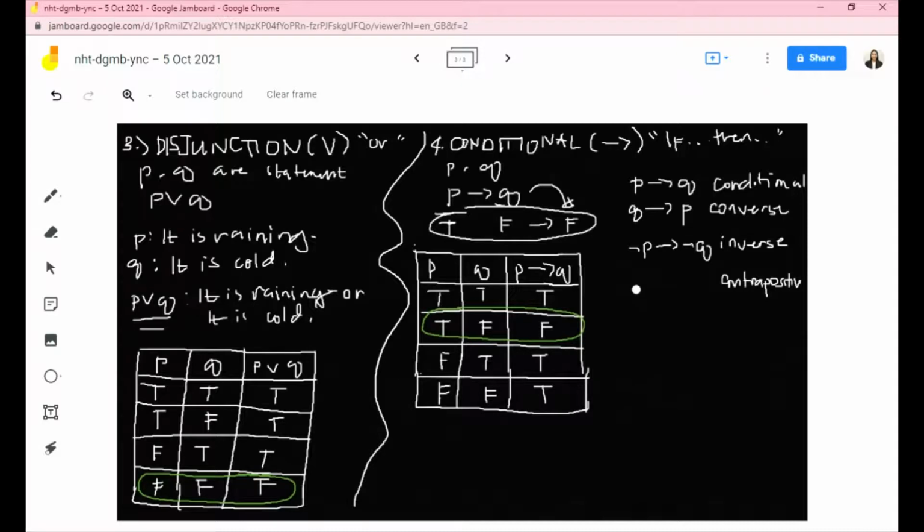So from Q, this will become not Q. Copy the implication form or the conditional form, and from P, this becomes not P.